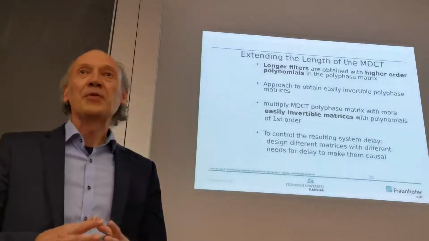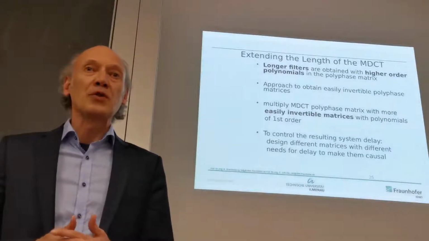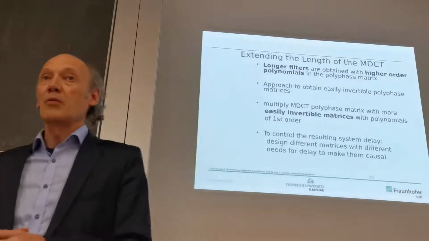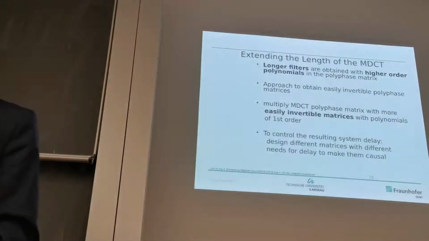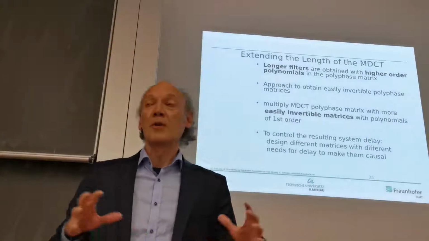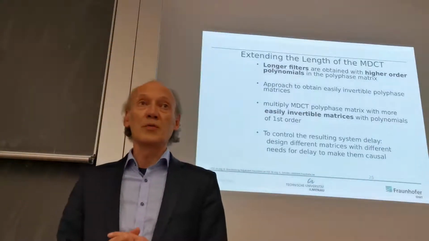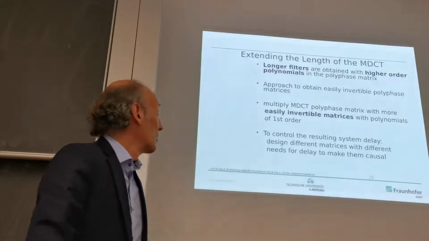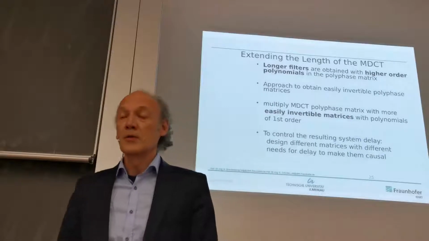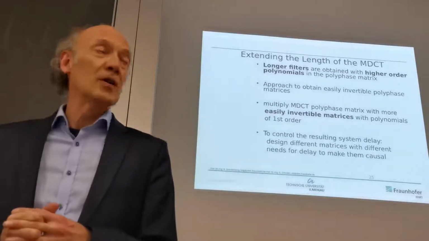So last time we saw the modified discrete cosine transform, the MDCT, how it's defined and how we implement it using the polyphase matrix and this matrix decomposition of the polyphase matrix. And we found we can improve the MDCT even further if we extend the length of the MDCT.